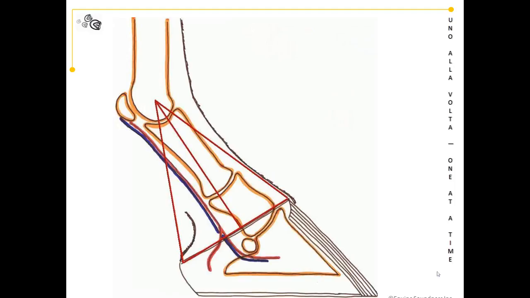Having talked about the hairline so much, I have to come back to what I learned. I learned that when you have a 30-degree hairline, you have a ground parallel coffin bone. And while this is in most cases correct, it is not always correct. I had 34-degree hairlines and totally rotated coffin bones. So the only time you really absolutely can be sure that you have a ground parallel coffin bone is when you take a correctly taken radiograph.